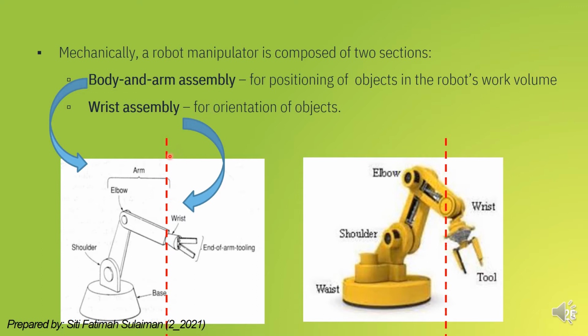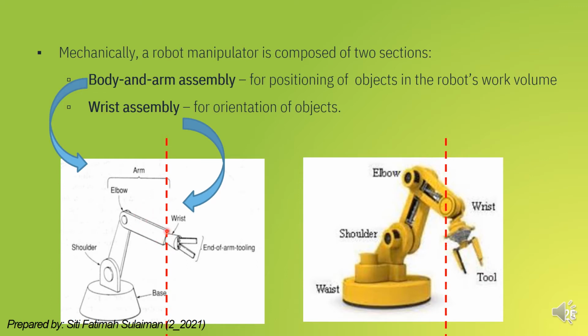Because this section consists of body and arm parts only. As you can see in the slide, the body and arm assembly only covers from this part, we call it the waist, up to this part only, which is before the wrist part.